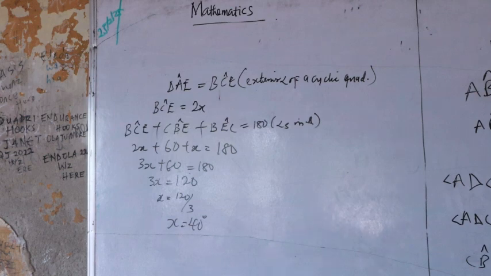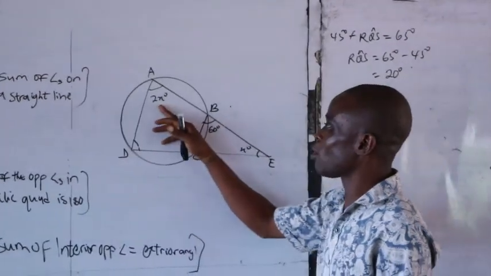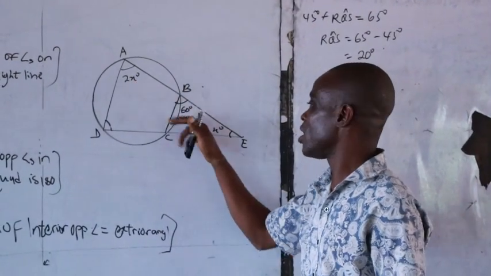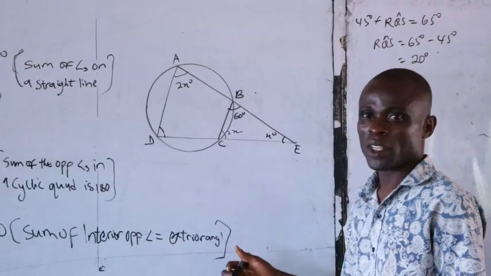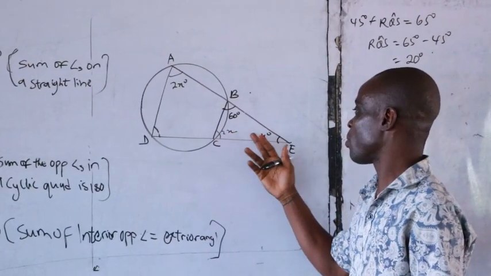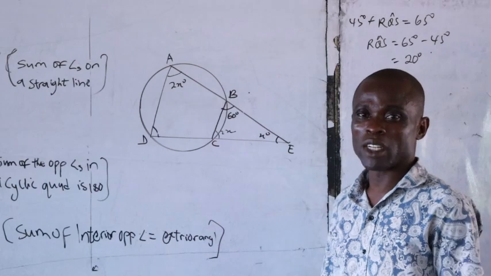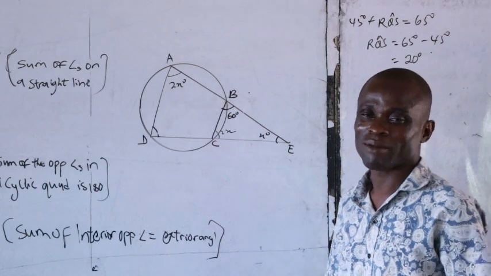Now, I expect the student that solved this one to use this theorem. Once you have this as 2x, this is 2x too, exterior angle of the cyclic quadrilateral. And once you get this as 2x, 2x plus x plus 60 equals 180, sum of angles in a triangle, that's all.